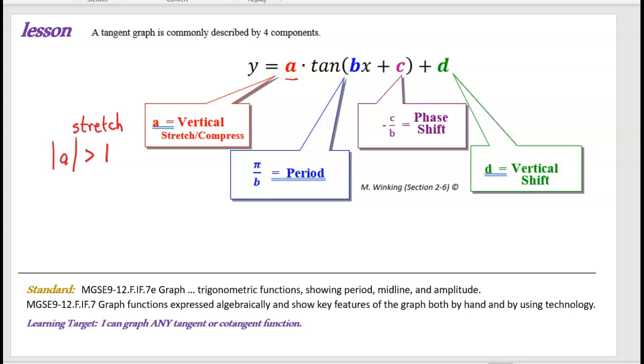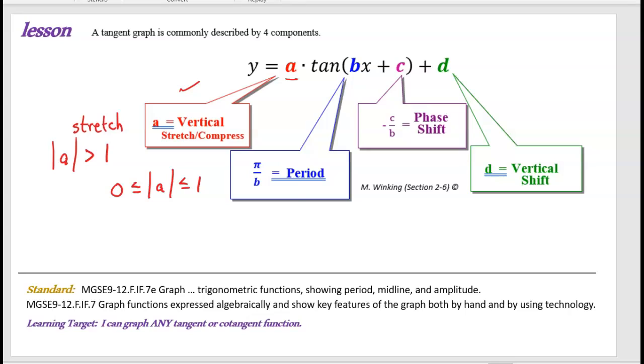If a is a fraction or a decimal, some number between 0 and 1, so if for some reason you had 1/2 tangent or negative 1/2 tangent, that would be a vertical compression. It would look like you were taking your hands and squashing it down closer to the x-axis. Okay, so it's important to know a is going to make the graph look different and what that's called.